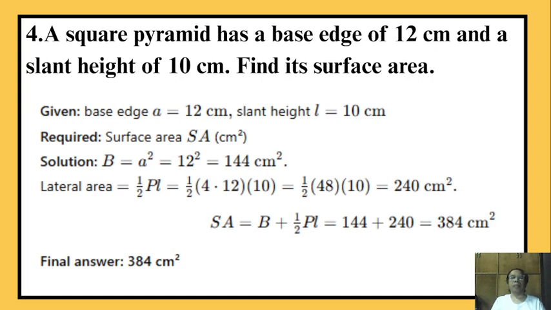So the area of the base, since the base is a square, our formula is a squared. And then substitute the base edge a, the answer is 144 centimeters squared. The lateral area is 1 half times the P times the L. So the perimeter is 4 times 12.